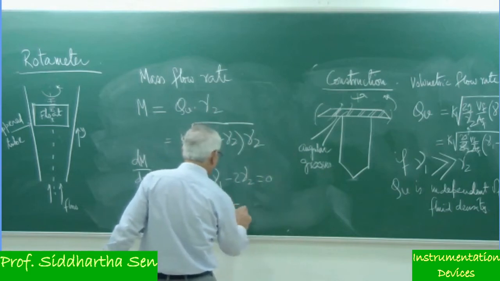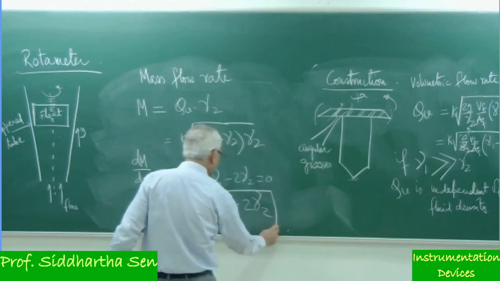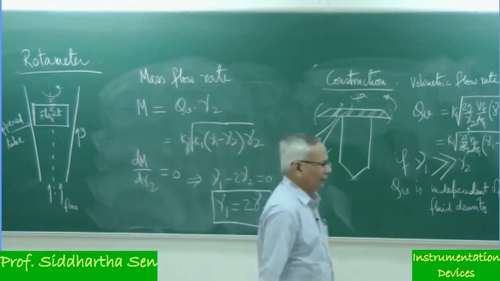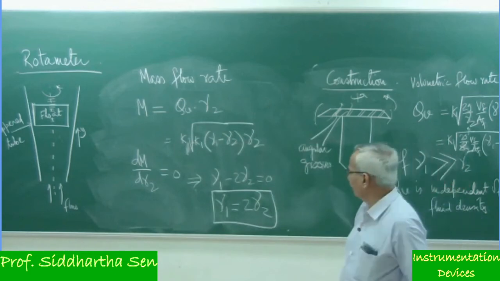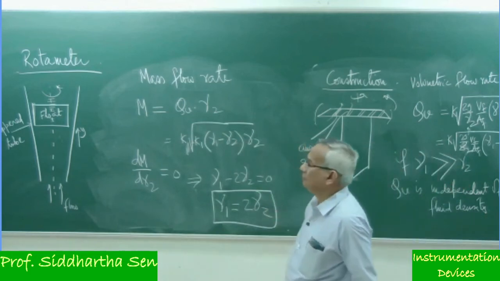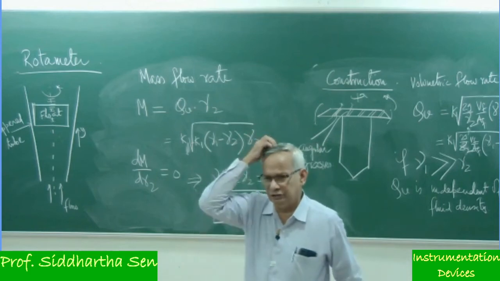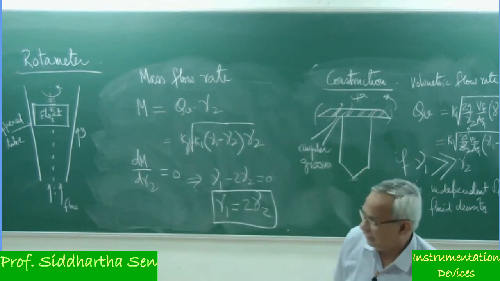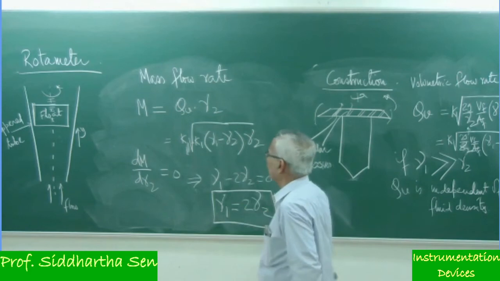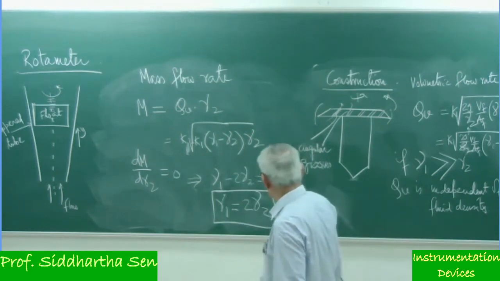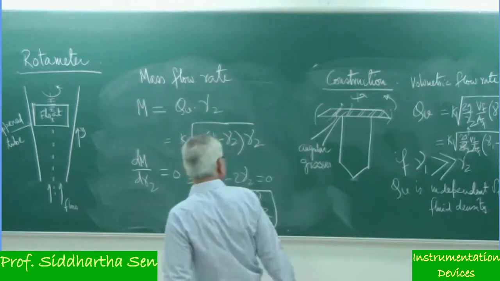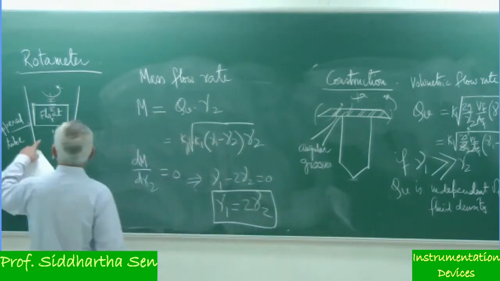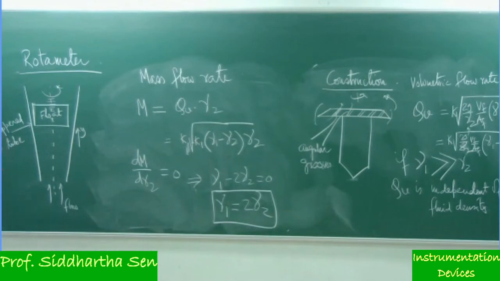And if we make gamma 1 equal to 2 gamma 2, that means if the float density is approximately twice the fluid density or fluid specific weight, then we can make the mass flow rate independent of the fluid density. So, it is important. If it is volumetric flow rate, we try to make the float heavy, and if it is mass flow rate, we try to make the float density double that one.